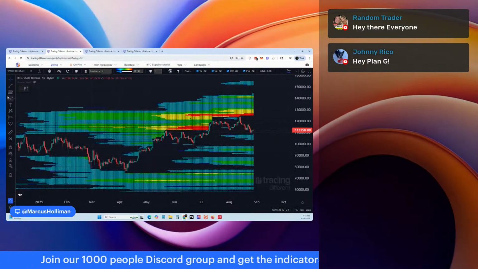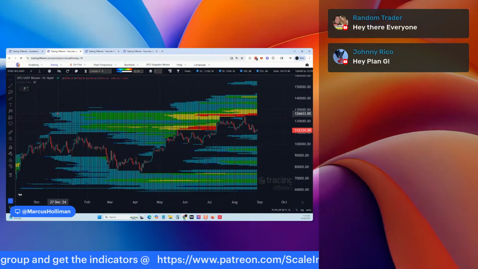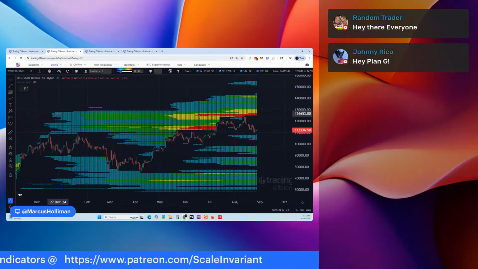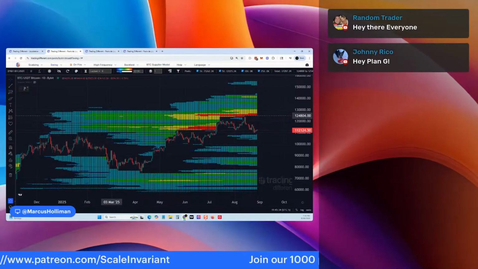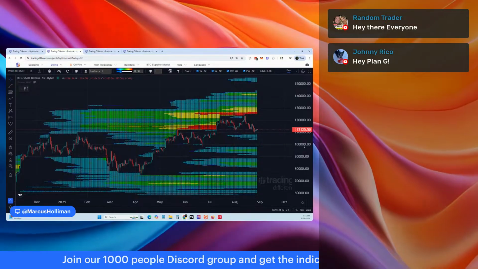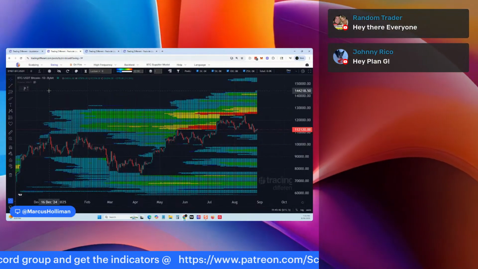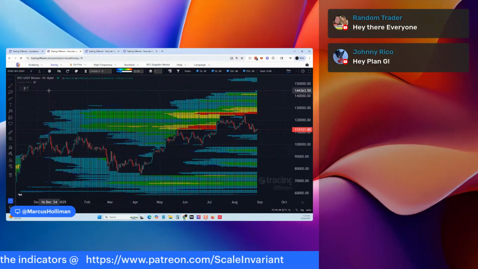Once again, at a very high level, we are looking at the perpetual contracts on Bybit. Binance is basically the same information, and we're looking at the daily time frame so we can get a big picture. We've been in a consolidation pattern since about the beginning of the year.